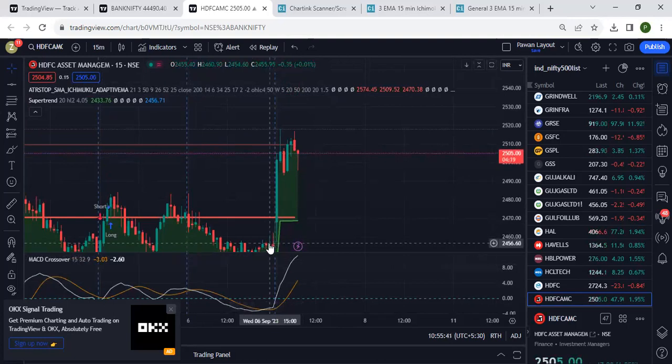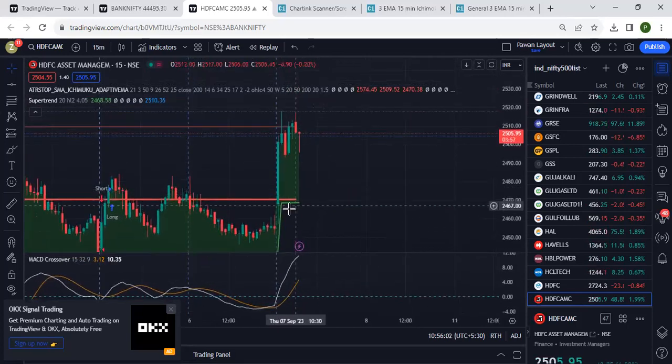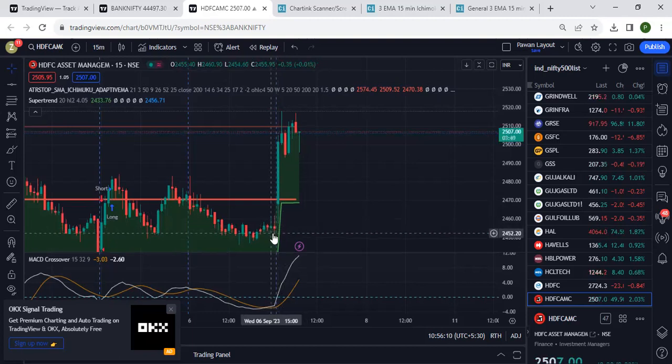MACD has just given the buy signal yesterday at around 3 p.m., and the entry price is 2455.95, means 2456 you can say. Today you can see that the stock is trading 50 rupees above.